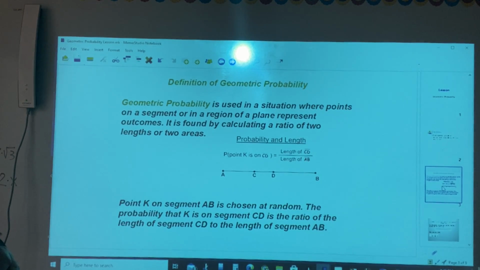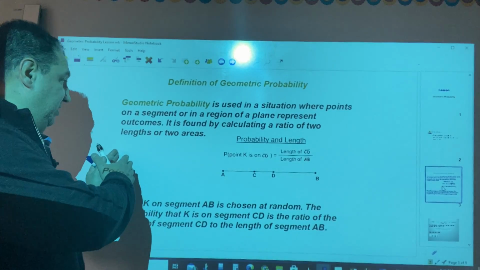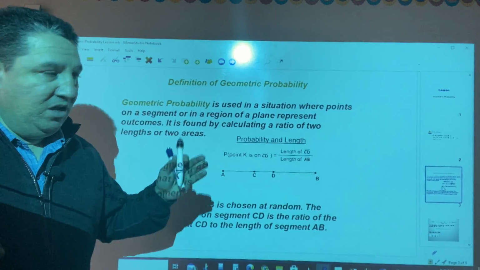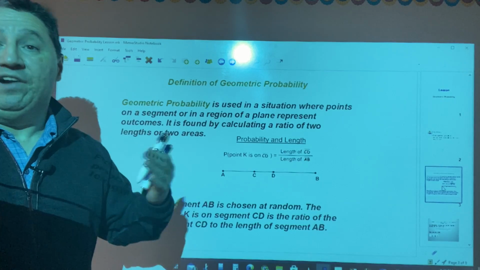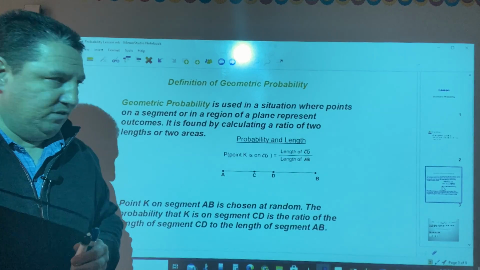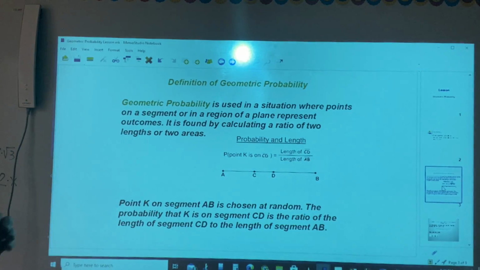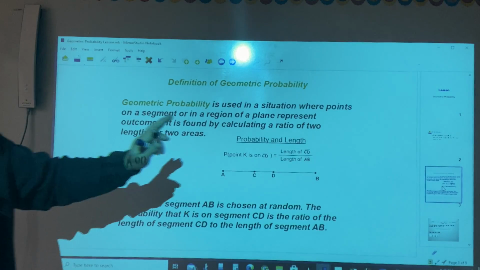It is found by calculating a ratio of two segments, or two lengths, or two areas, depending on the case. For example, the first case is this one.